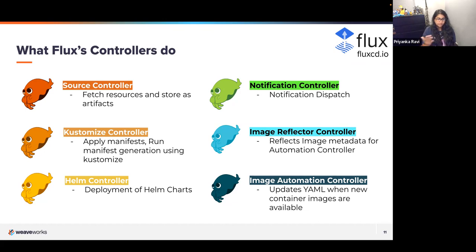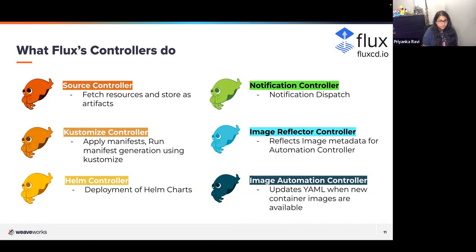But if you don't have a kustomization.yaml file set, it will go through whatever folder you've given it and recursively pull whatever manifests are located in there, whatever YAMLs, and then apply them. So it is creating its own kustomization.yaml in the background if you don't have one. So that's why it's called the Kustomize controller.